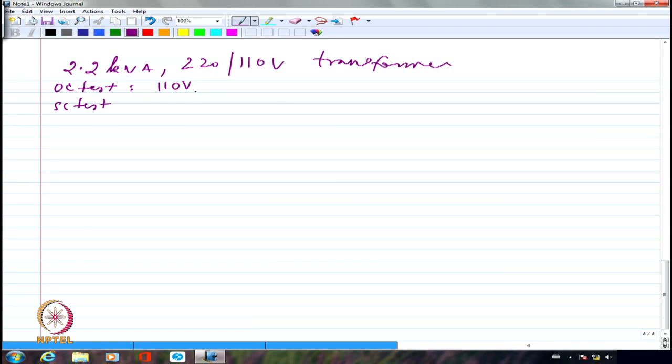And short circuit data, I have got 10 volts, 10 ampere and 48 watts. This was done on the LV side and this was done on the HV side. Fine?